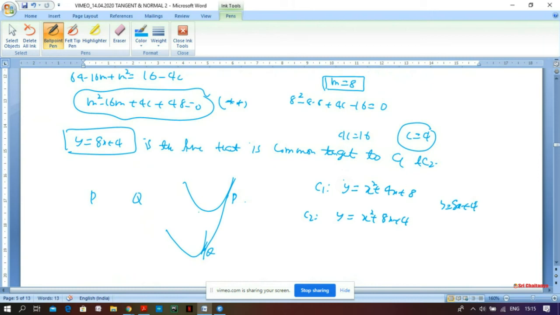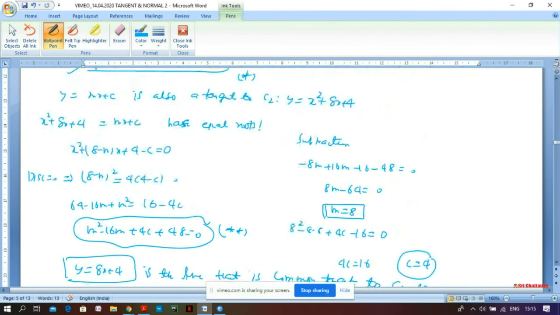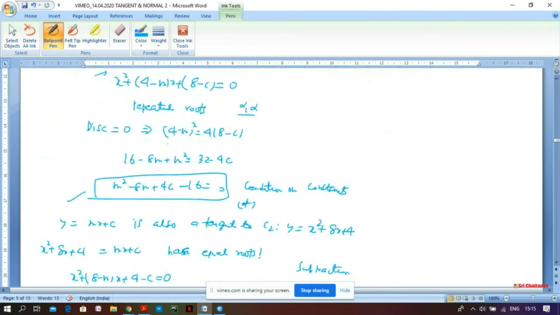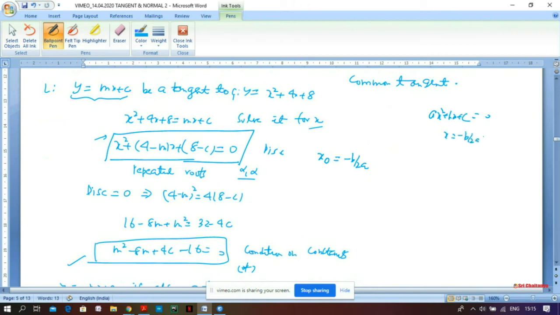If some line is tangent, we have used that the discriminant of this equation is 0. If discriminant is 0, means the value of x, call it x naught, is nothing but minus b over 2a. In any quadratic, ax square plus bx plus c equal to 0, x equal to minus b over 2a is the vertex.